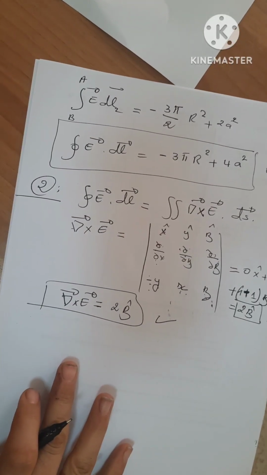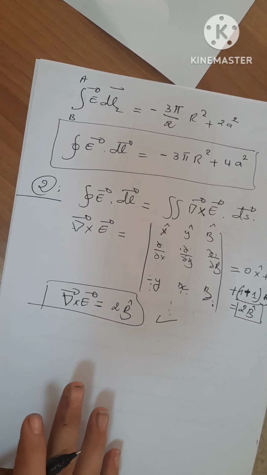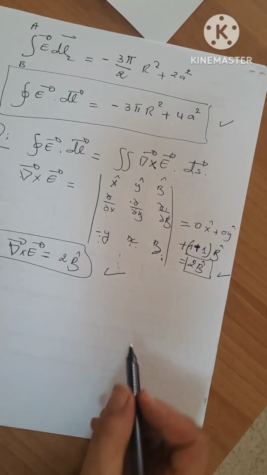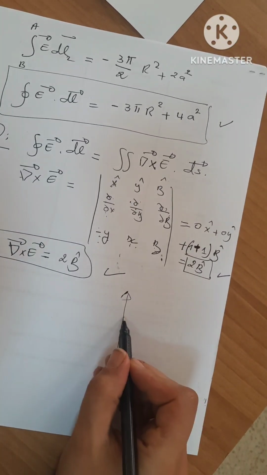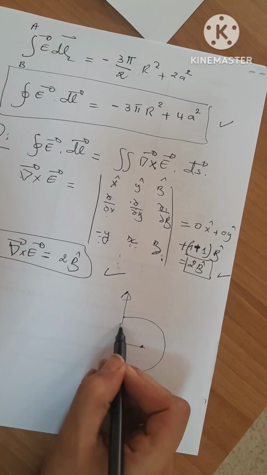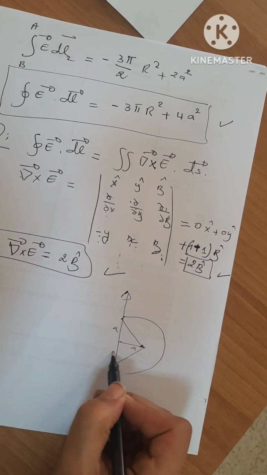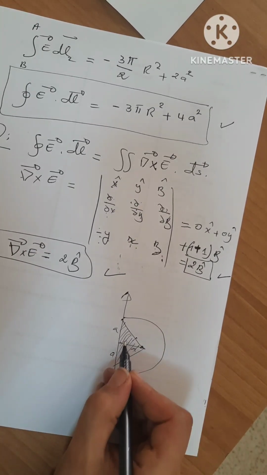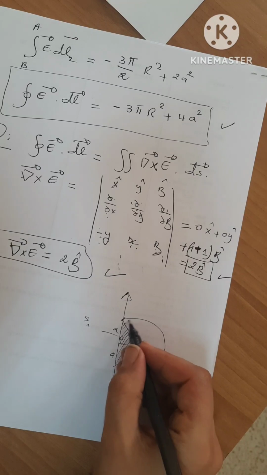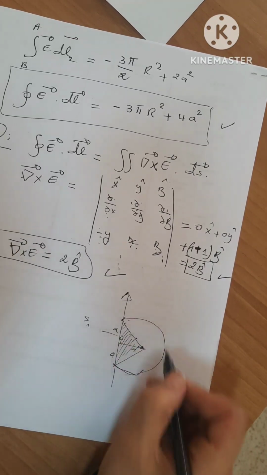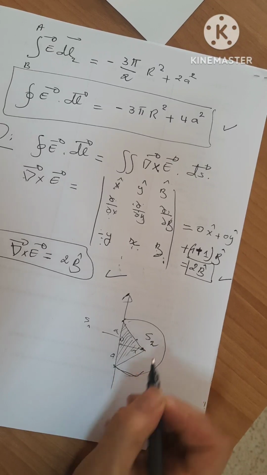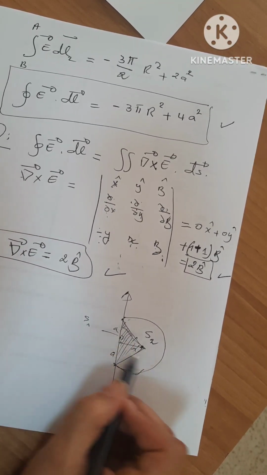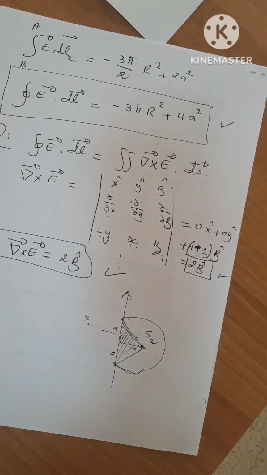What about ds? Our ds, we can draw it again. For example, I can do it like this. We can consider that this one is the surface S1, and the second surface, the part of the disk, is S2. This is a part of a disk, and this one is a triangle.